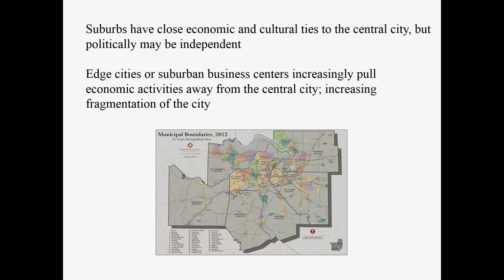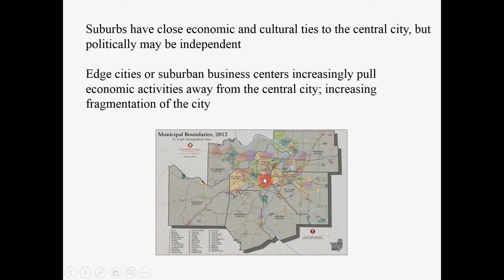Many suburban communities, politically, are independent. Here we see a map of St. Louis, a metropolitan area. We know in the central city, you have the city of St. Louis, which is a politically independent entity. Surrounding the city of St. Louis, you can see on this map that there are many patches of different colors.